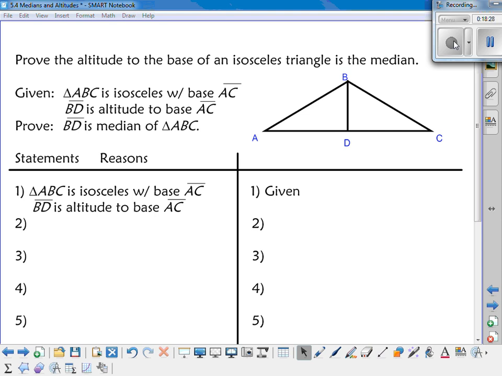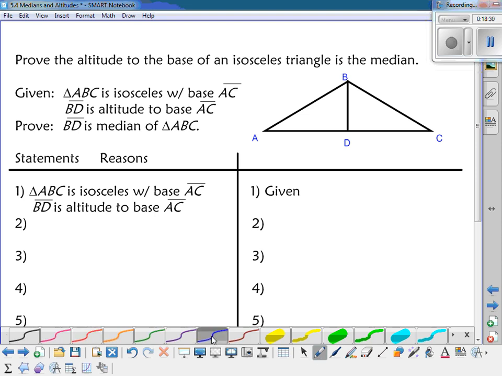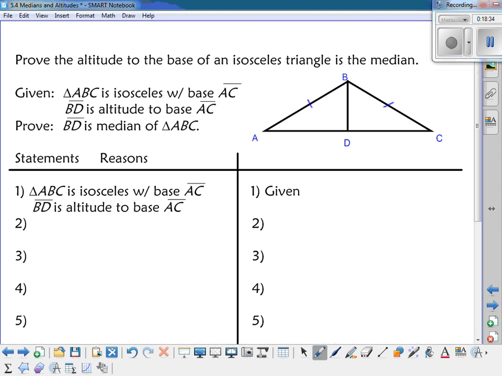So if it's an isosceles triangle, by definition, then the legs are congruent. So I know that AB is congruent to CB because of the definition of isosceles triangle.